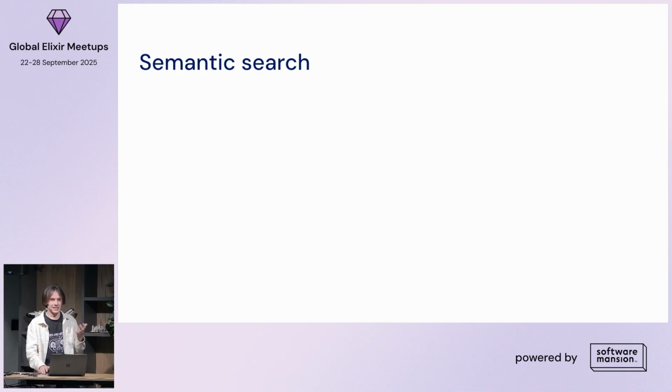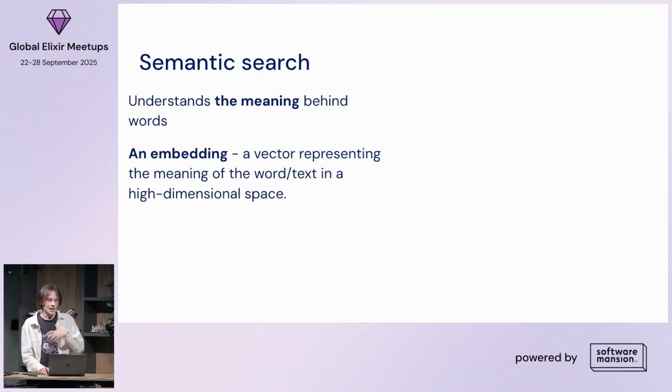Semantic search understands the meaning behind words, and it uses embedding vectors to do that. An embedding vector is a vector representing the meaning of the word in a high-dimensional space. And the closer two vectors are, this probably means that they mean the same thing, right? So yes, you can use synonyms in this search.